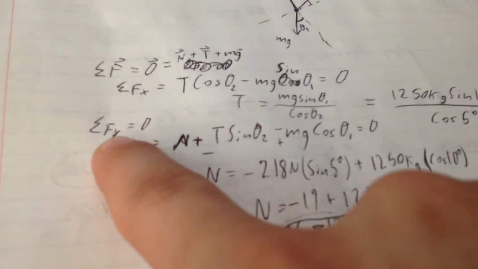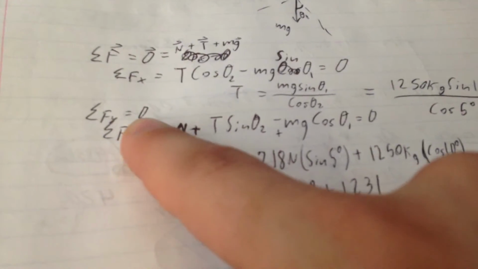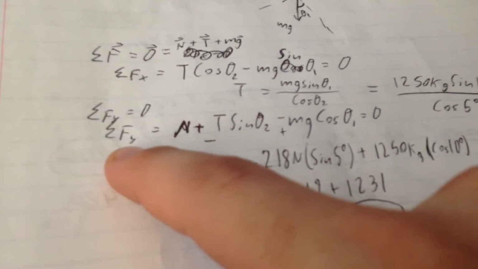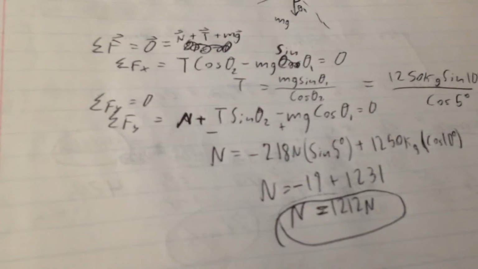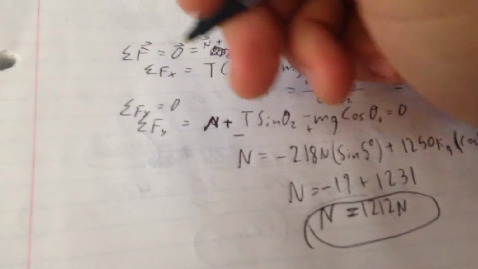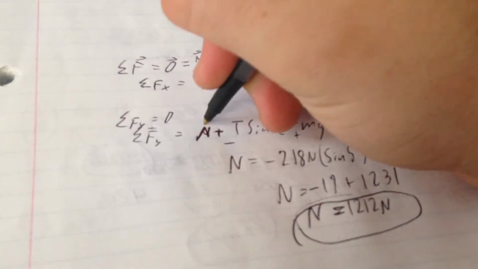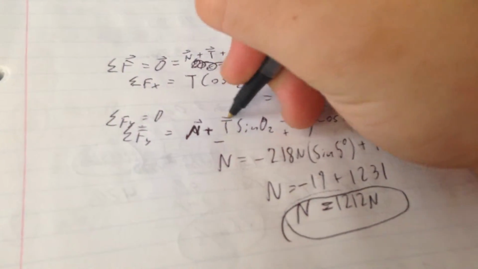And you can go right here to find the sum of the forces in your y direction. It's equal to 0. Sigma F of y equals, these are all vectors.